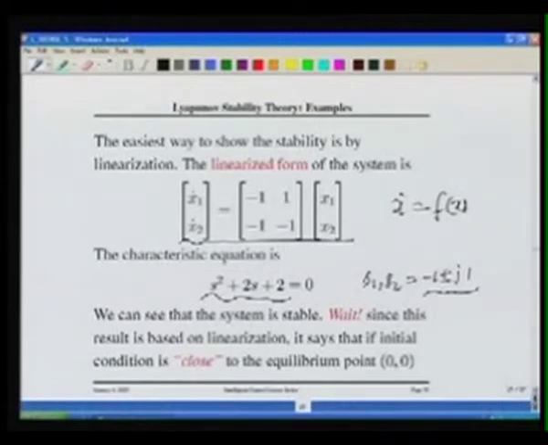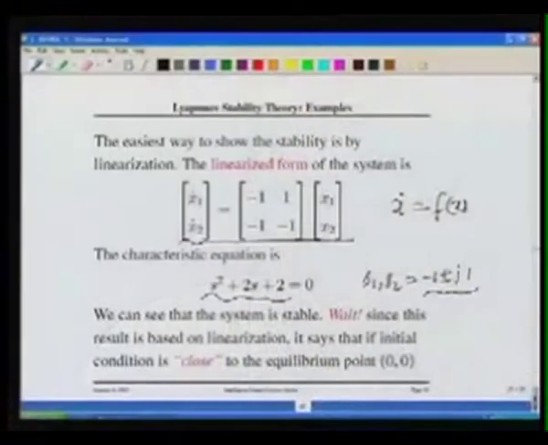But it cannot say how much stable this equilibrium point is. There is no quantification about it: if I disturb the system from the equilibrium point, that is the origin, how much can I disturb from this equilibrium point and still say the system is stable?